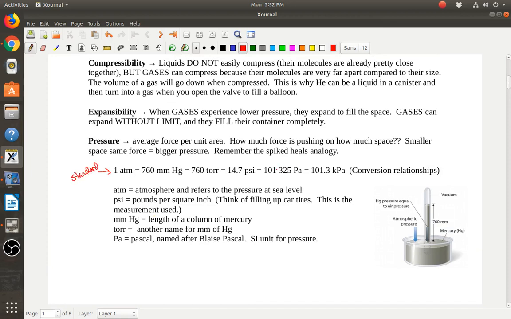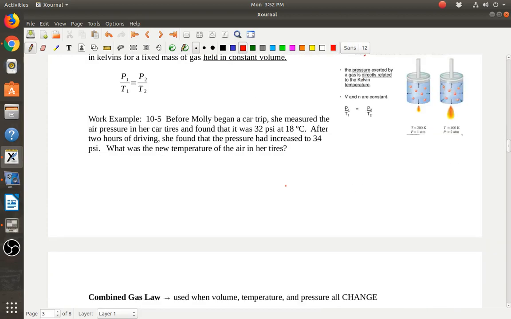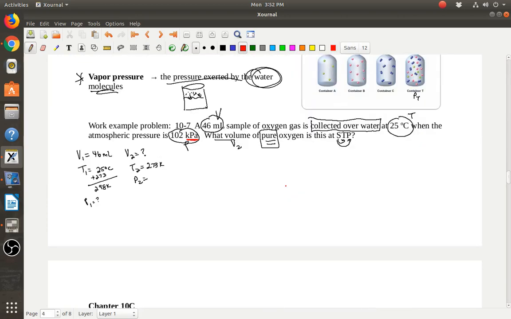But anything that equals that is also standard pressure. So 101.3 kilopascals is also standard pressure. So I'm going to use that one so that I don't have to worry about converting. So 101.3 kilopascals. That's what my second pressure is going to be down here. 101.3 kilopascals. I'm doing that because of this.